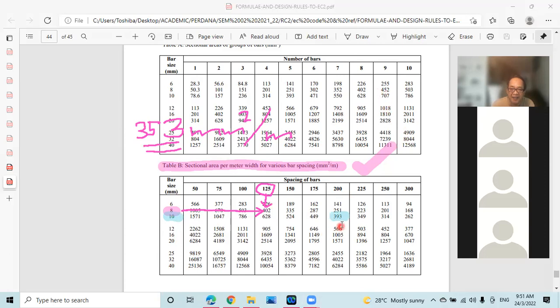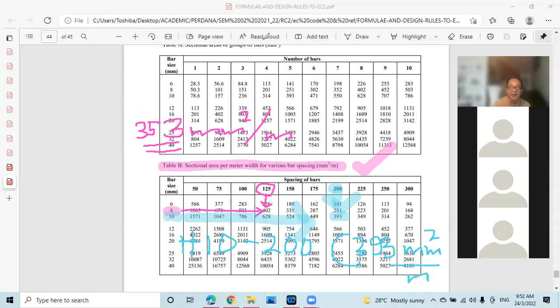This would be my spacing. 200. Okay, 200 mm. This would be my spacing. H10 at 200 spacing, where my area is 393. It's bigger than 353. As long as it is more than 353, it is fine. So we can have either H8 or this one in blue, H10 at 200 spacing, where my area provided is 393 millimeter squared per meter.